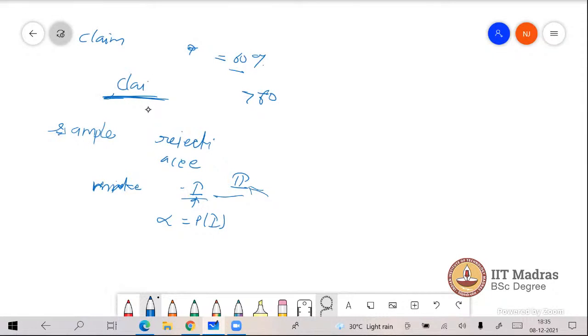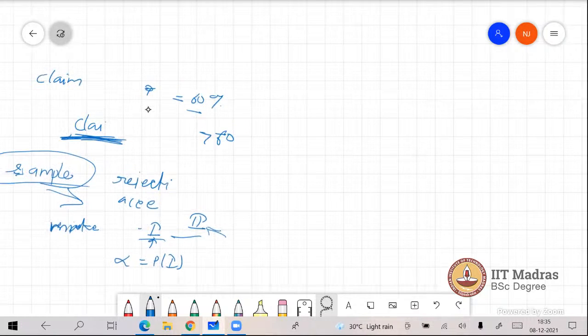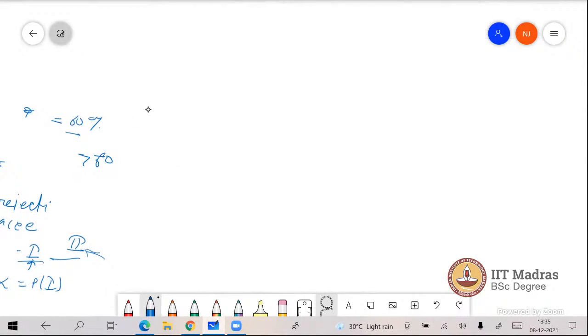To prove your claim, you have to collect some sample and do analysis on that. It's not that you just say it is not 60, it is greater than 60. You have to prove that by collecting the sample. Say you claim that the actual weight of these salt packages you bought is not 1 kg, it is greater than 1 kg.